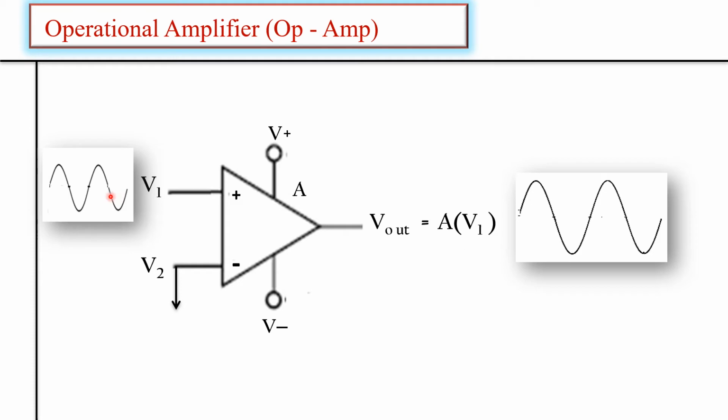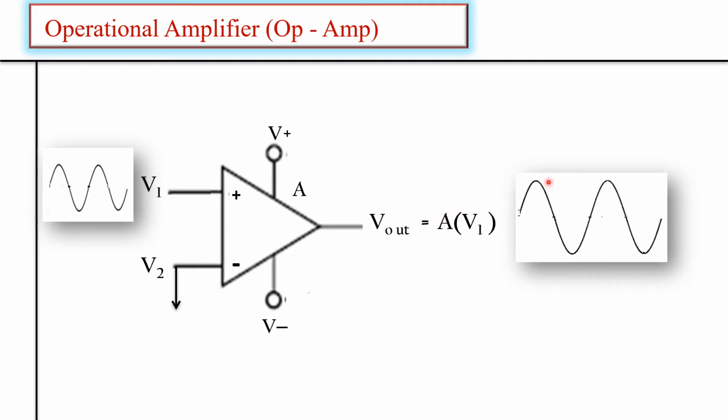Suppose we apply a sinusoidal signal at the input terminal. Then the output sinusoidal should be multiplied by the gain. So we get an output sinusoidal wave multiplied by the gain.